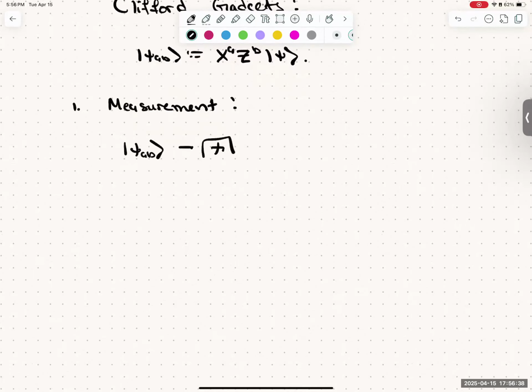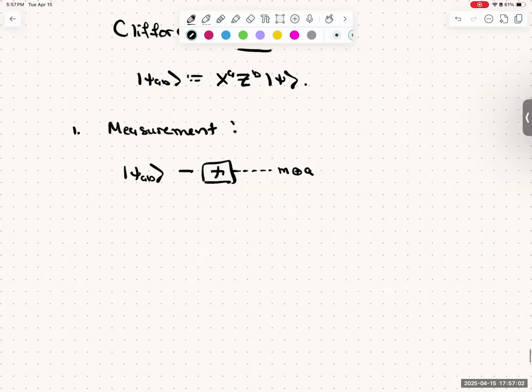So if I measure in the computational basis, and I will use dotted lines for classical outputs, then the outcome of this thing will be the outcome of the actual measurement M plus A, where A is the bit associated here with X. So Z is not doing anything when I do a computational basis measurement, but X_A is just flipping the outcome.